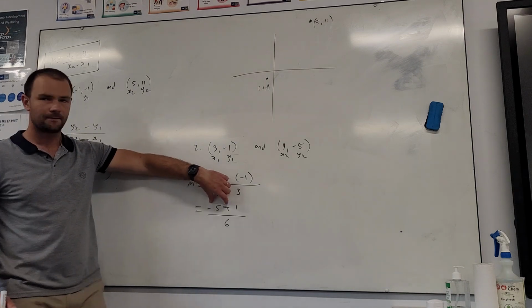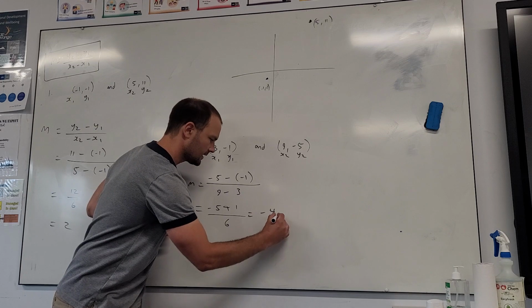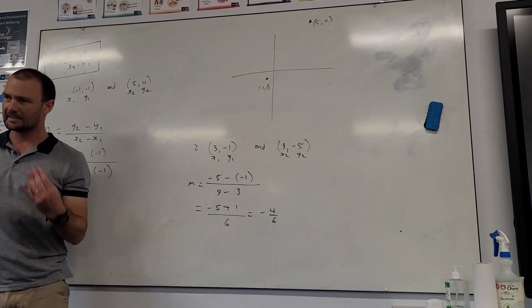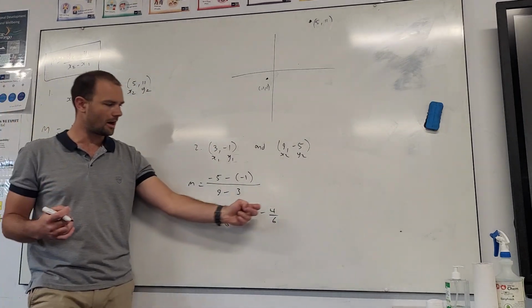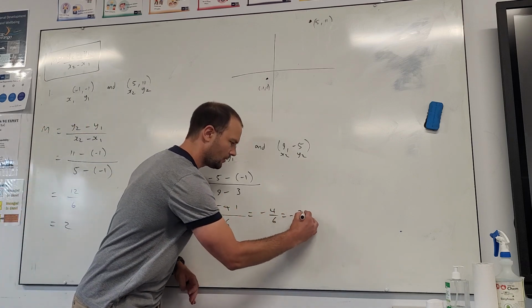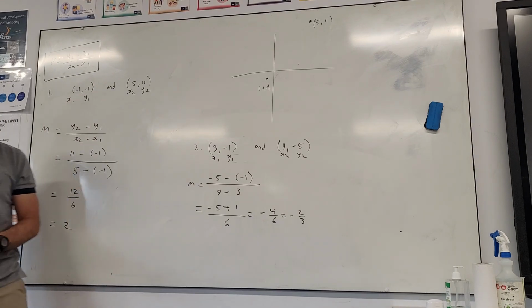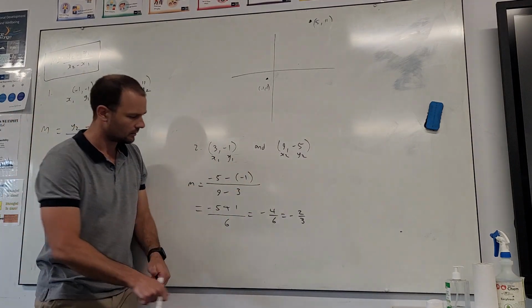Now, minus 5 on the number line, plus 1, that's going to be minus 4 on 6. And in simplest terms, what can we divide both the top and the bottom by? We can divide them both by 2. We'll simplify to 2/3. Now you notice my negative, let's be clear.